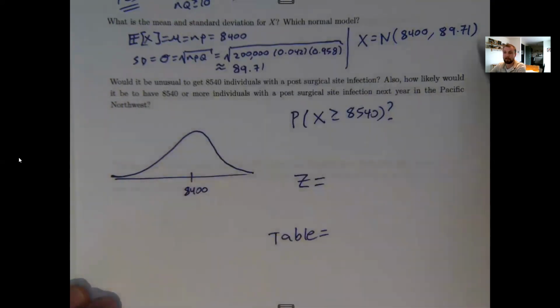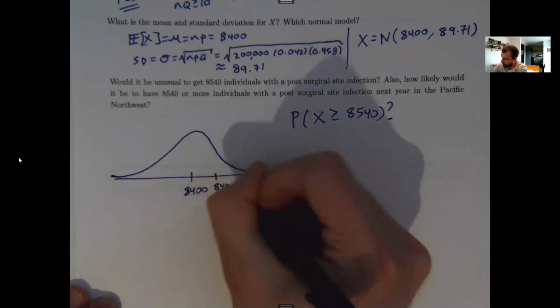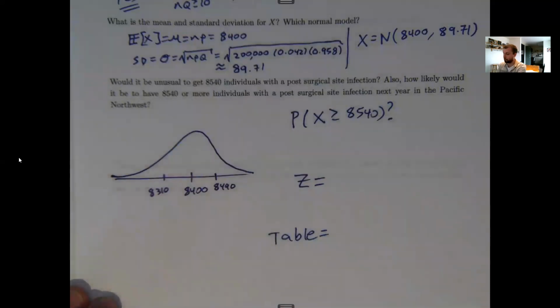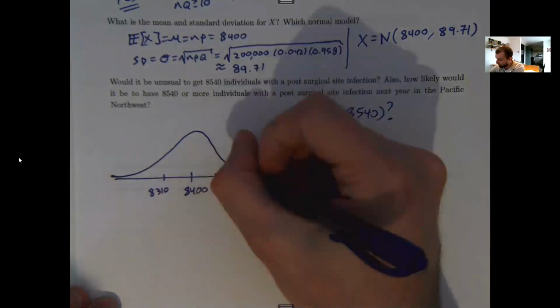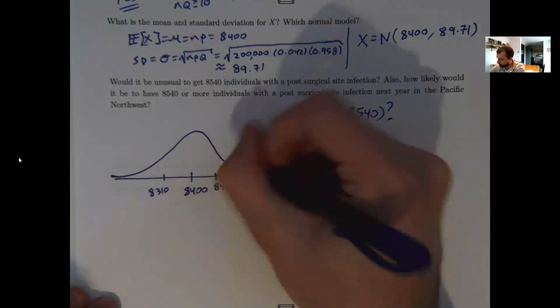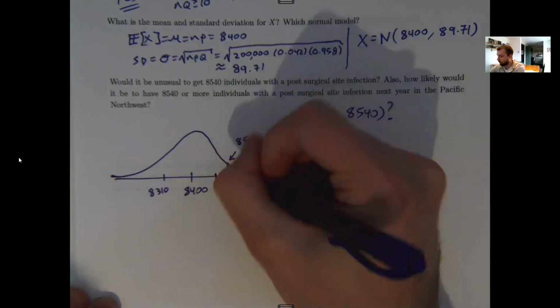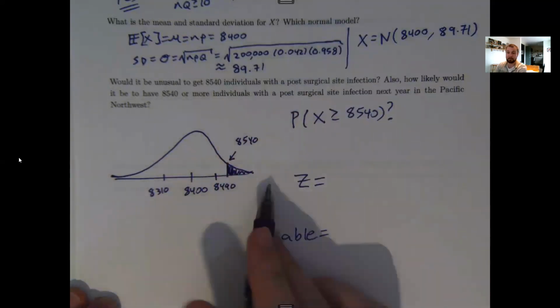And my standard deviation is really close to the number 90, so I'm going to be counting by 90, 8490, 8310 or so. And my value is 8,540. That's about here. And I want that much or more. I'm noticing that it's shaded to the right.